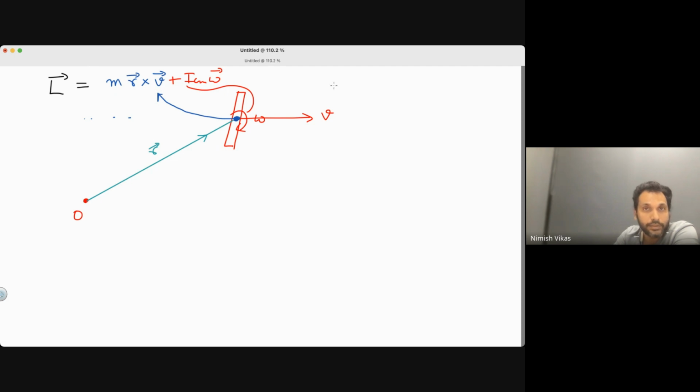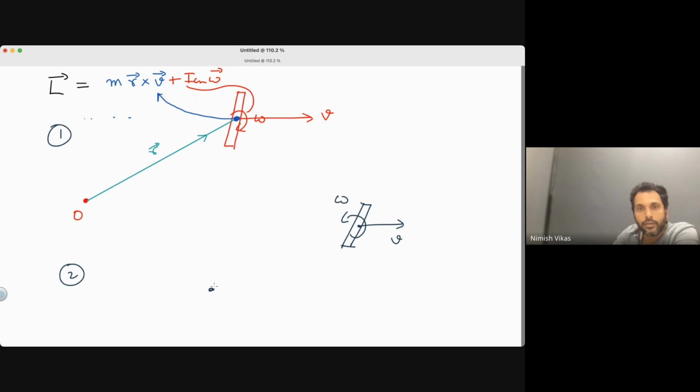Okay. The other point, but I'm going to do very basics in these evening classes. So I'm just going to talk about two situations. One is the way I have drawn on top, situation number one. Situation number two, say the body which is going forward with V was rotating this way with omega.